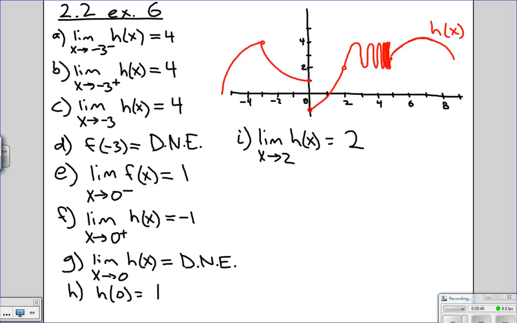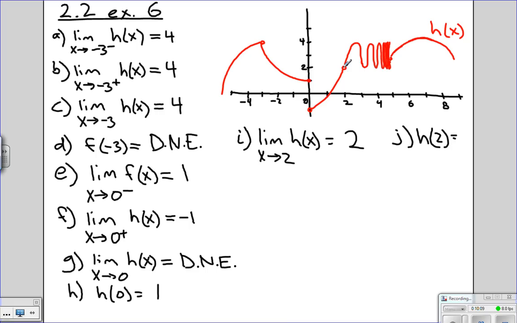And now for part J, I'll just write that over here because it's small. Part J, they want us to find what's actually h of 2. So once again, just asking for the value of the function. You plug in x equals 2, you go up. The function is not colored in there.